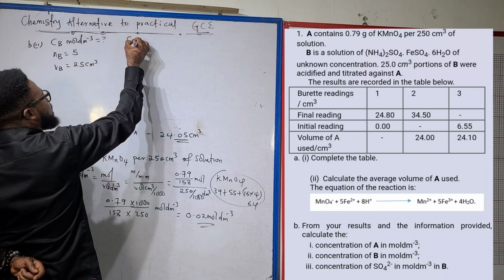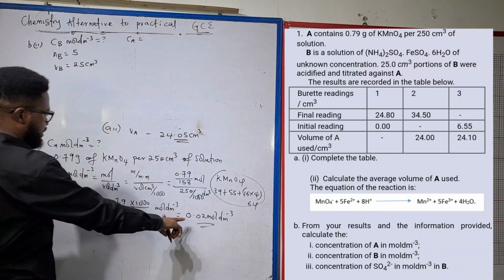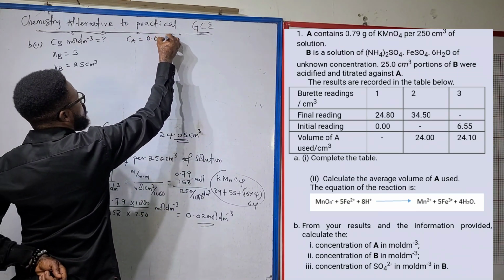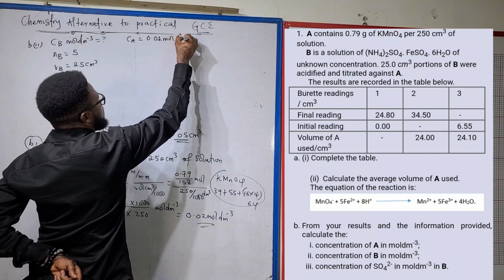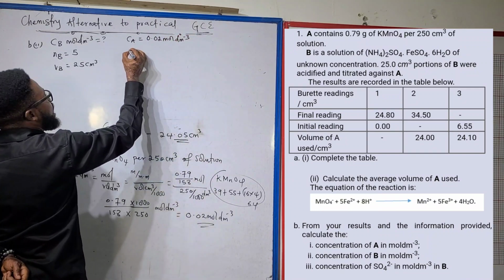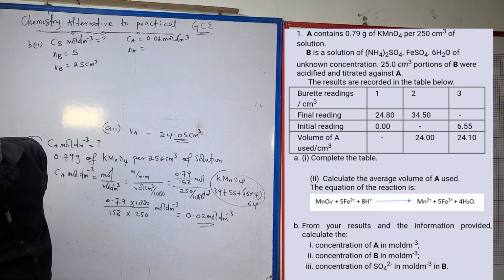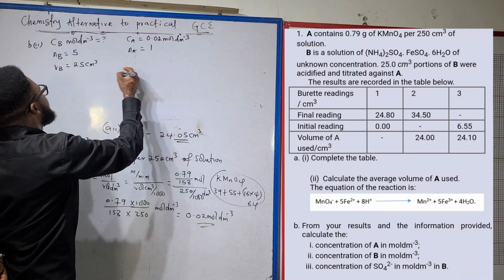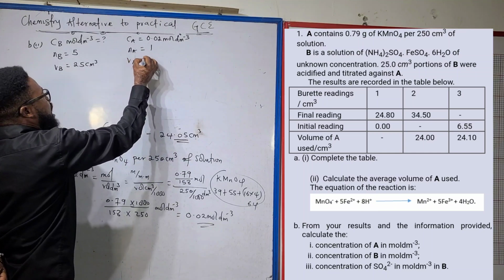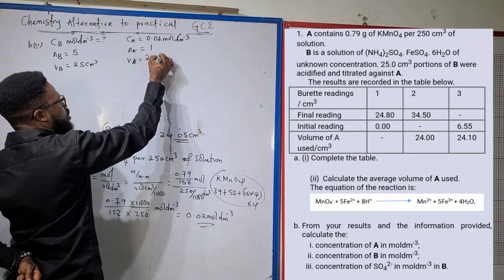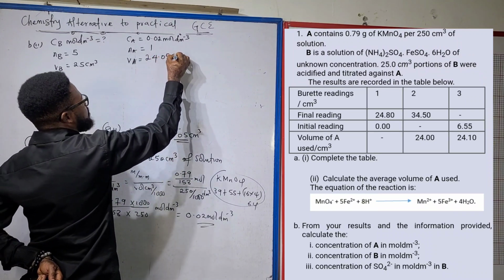Of course, the concentration of my A is 0.02 mole per dm cube. My Na, if you look at the question talking about MnO4 minus, it is 1, and my Va, the average volume of A, which we calculated was 24.05 cm cube.